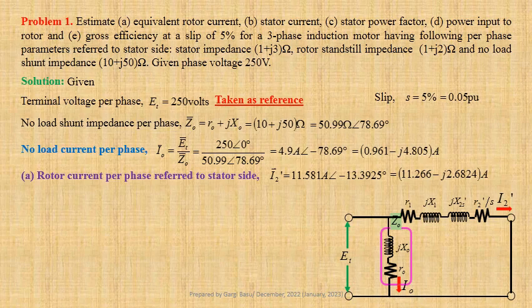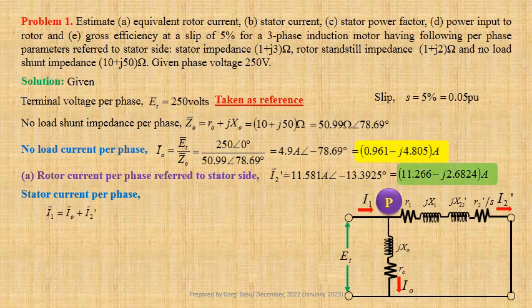Applying Kirchhoff's current law at node P, we get stator current per phase I1 equals I0 plus I2 dash. Using values, we get 12.227 minus j times 7.4874 ampere. This may be written in polar form as 14.3374 ampere at an angle minus 31.482 degree.